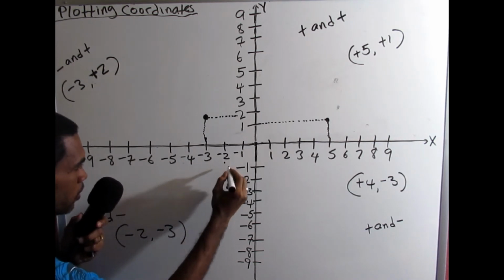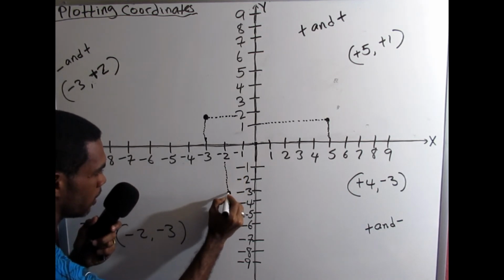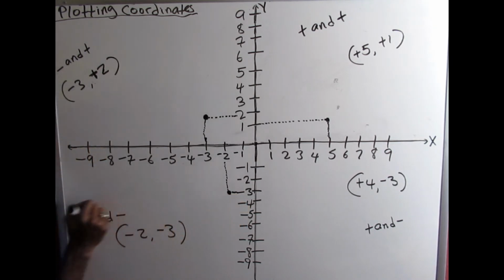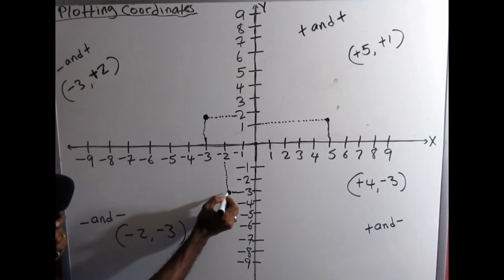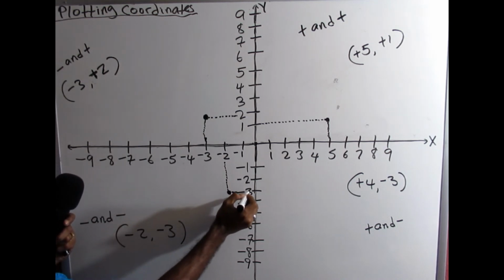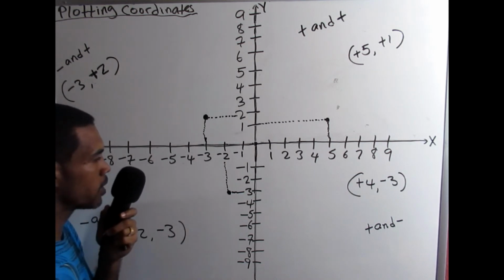So we come down to the y-axis to negative 3. And it's right here, negative 2, negative 3. Problem is solved. So again, a negative and a negative, you'll find it in this area. So we start at negative 2 on our x-axis and we come down to a negative 3 on the y-axis, and it's well plotted.